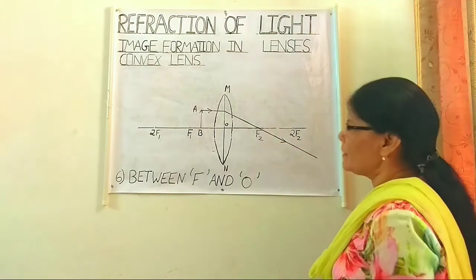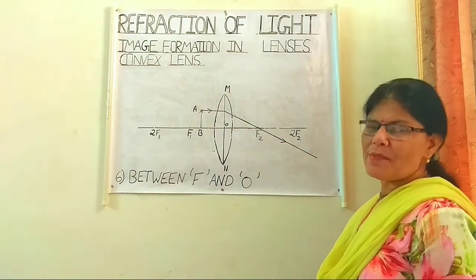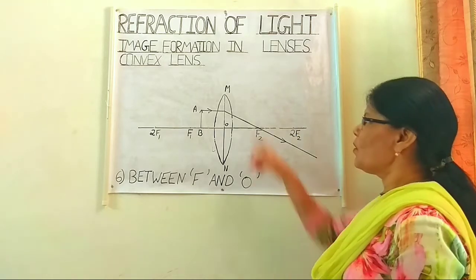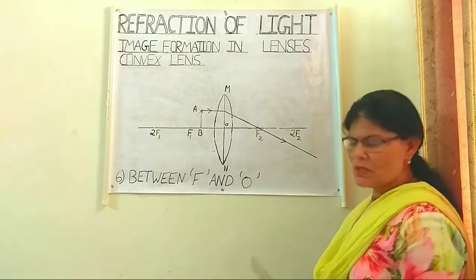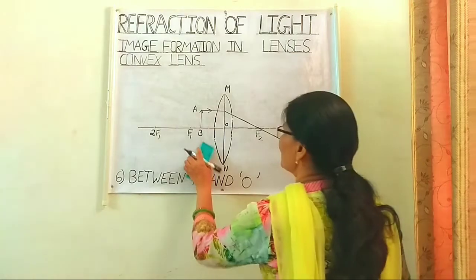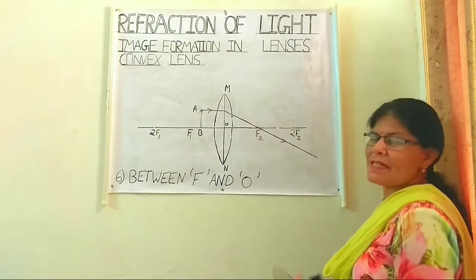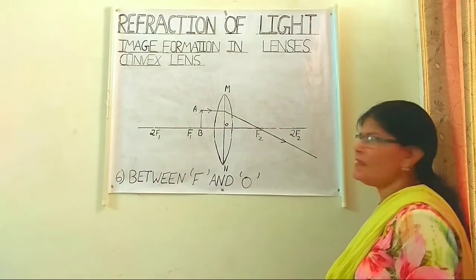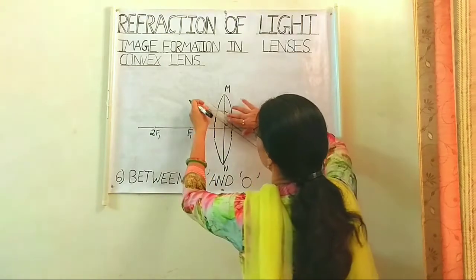Another case is the same: when an incident ray passes through the optical center of the convex lens, it will go as it is without showing any refraction. So let us draw this also.